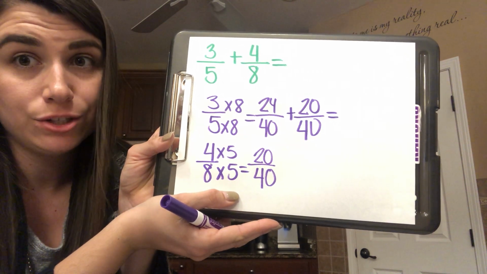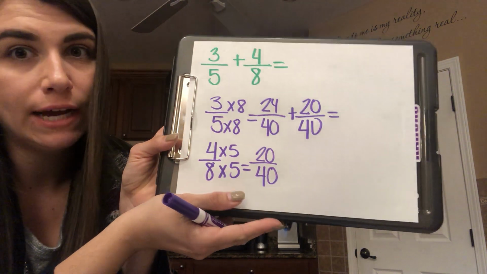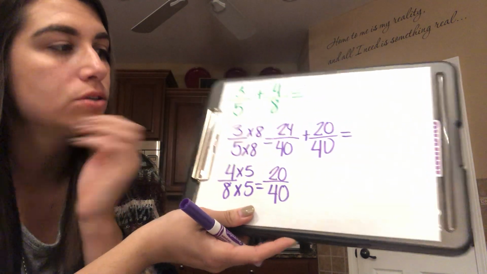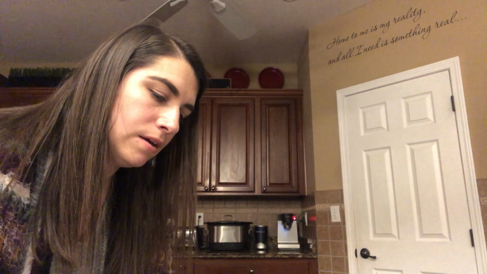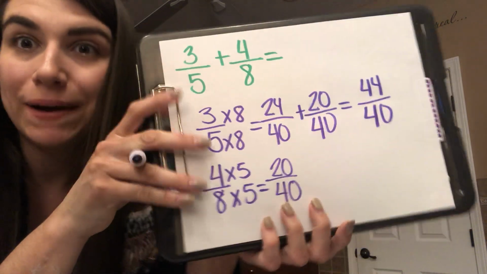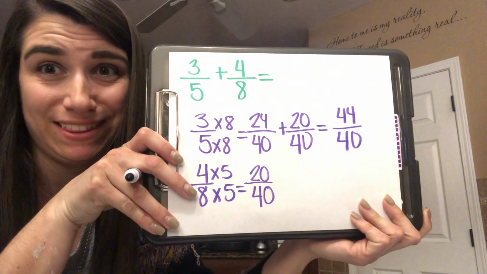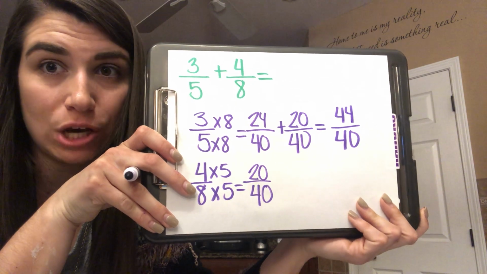So what I'm going to do now is add 24 plus 20, which I know is going to be 44/40. Look at all that. But as you can see, this is an improper fraction, right? I can't leave it like that. It's too messy. So I'm going to take out the whole number.